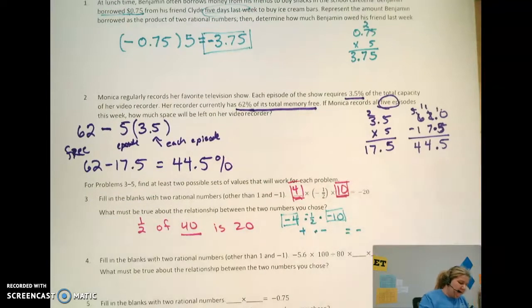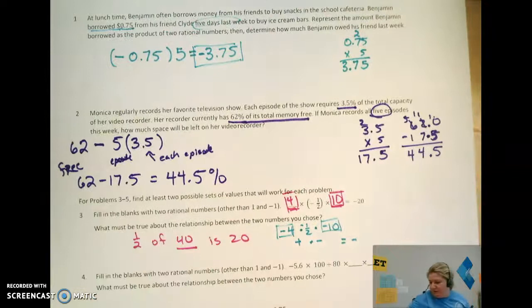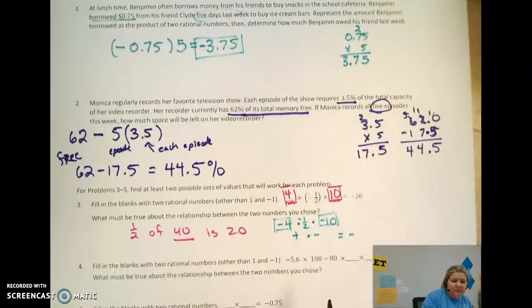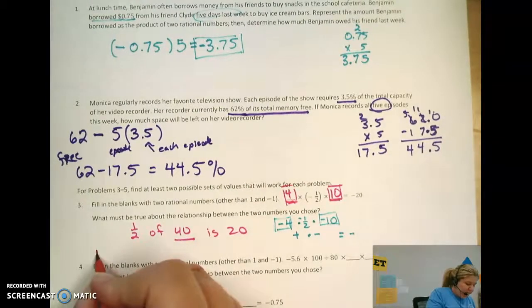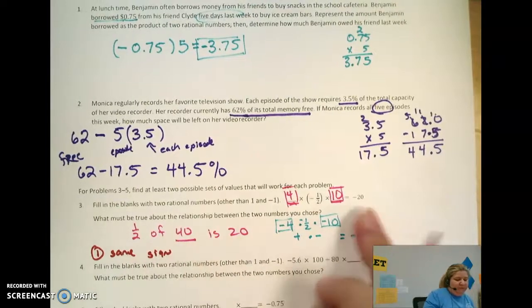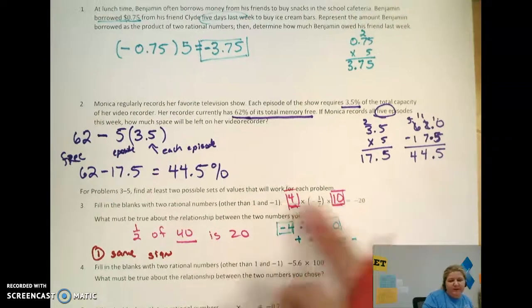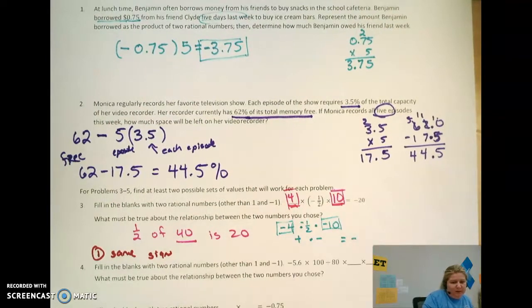So what has to be true about these numbers is 2 things. They have to have the same sign, and they have to have a product of 40. They have to have the same sign. That way my final product will end up as negative, because whatever these two are will be multiplied by a negative.